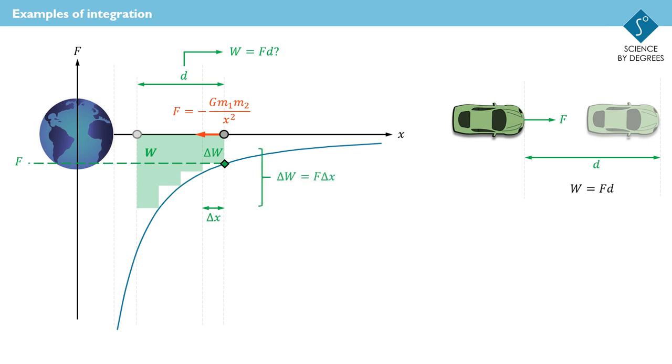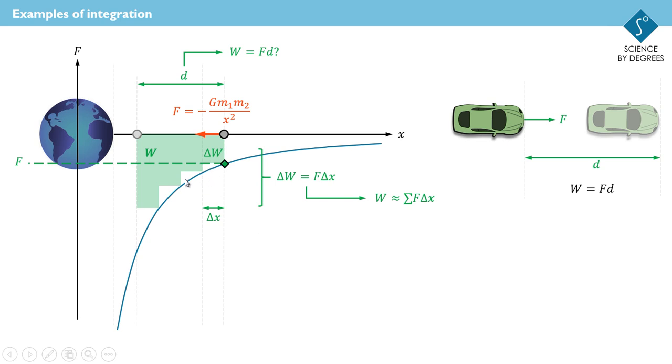Now that small green rectangle is equal to the value of force multiplied by the small distance, but the total value of work is only approximated by those small rectangles because the small rectangles are only an approximation to the area between the x-axis and the blue curve.